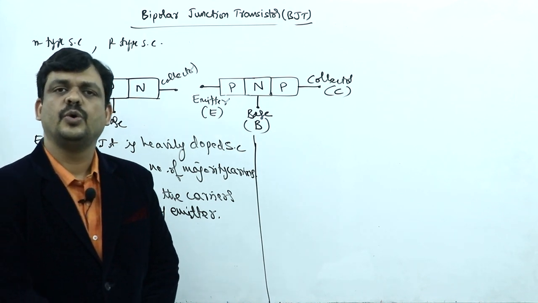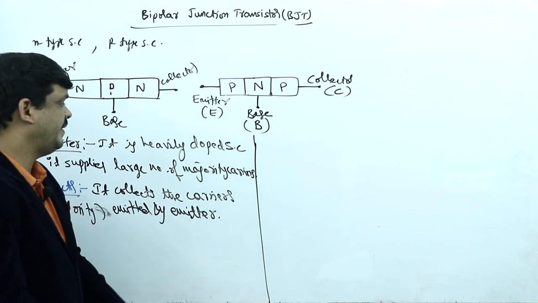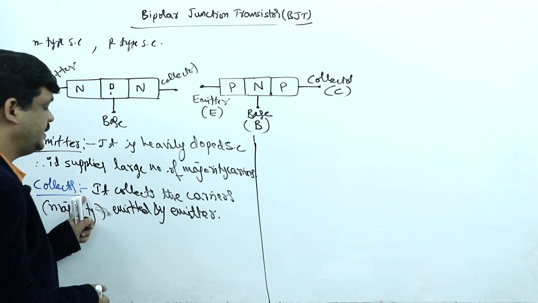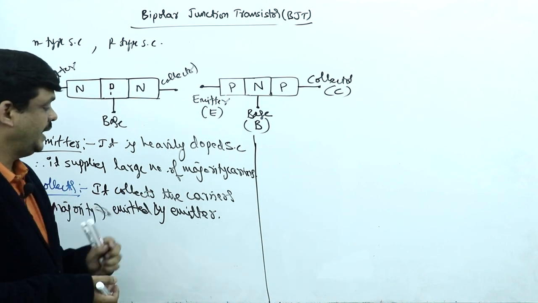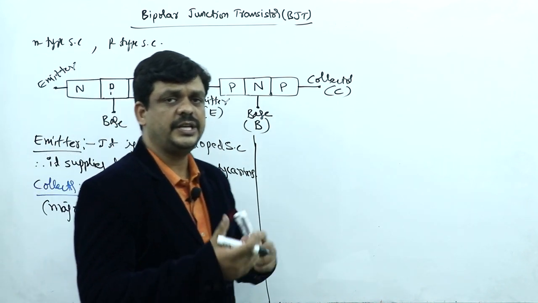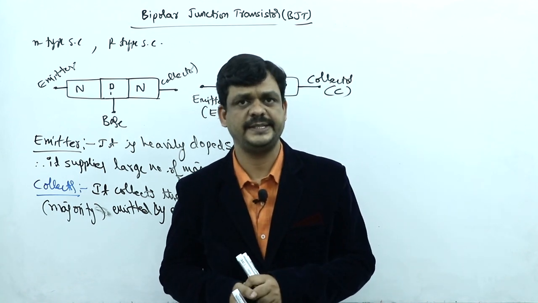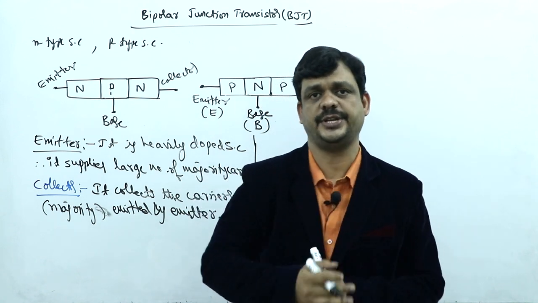Now we have to discuss what is the doping level of the collector, right? Already we have assumed the emitter is a highly doped semiconductor. That's why the collector is not highly doped. It's not equal to the emitter level. According to the standard charge properties, the charge always flows from higher concentration to lower concentration.